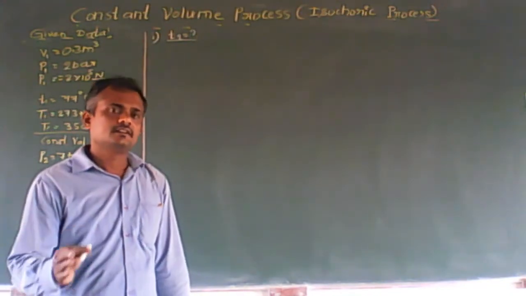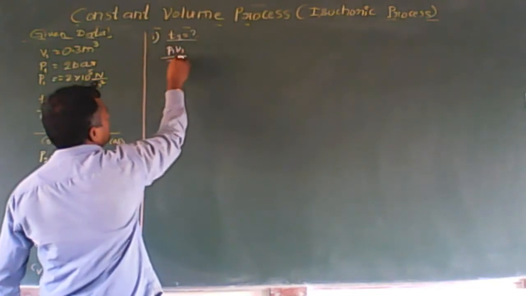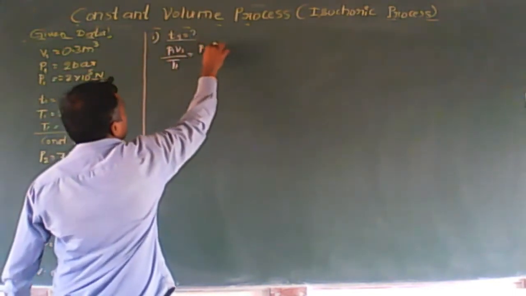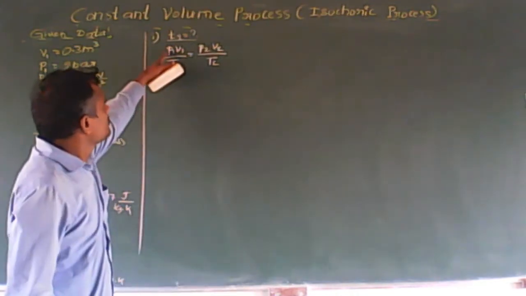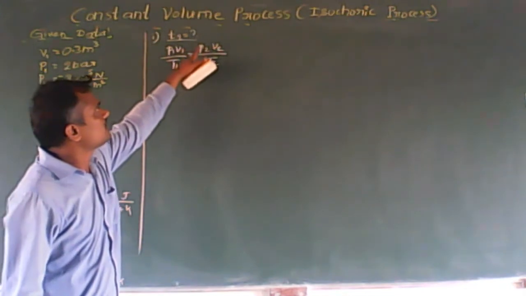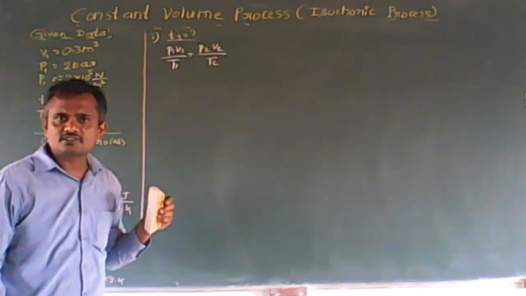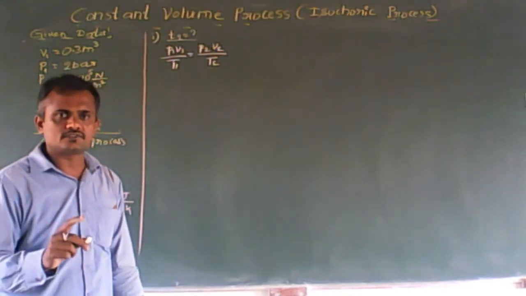As I said, the general gas equation you can write: P1 V1 by T1 is equal to P2 V2 by T2. Here, you know the value of P1, V1, T1, P2, and V2 is a constant. Then you can calculate this one. Only one unknown thing in this equation.